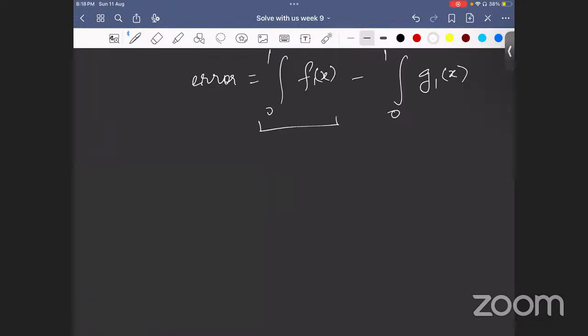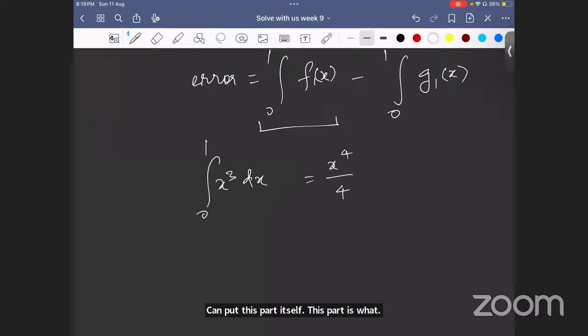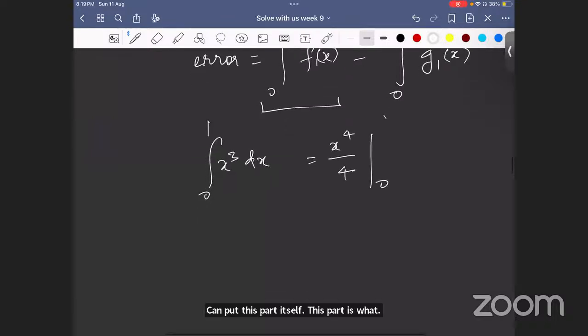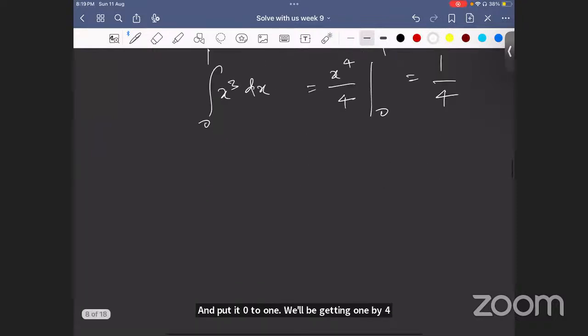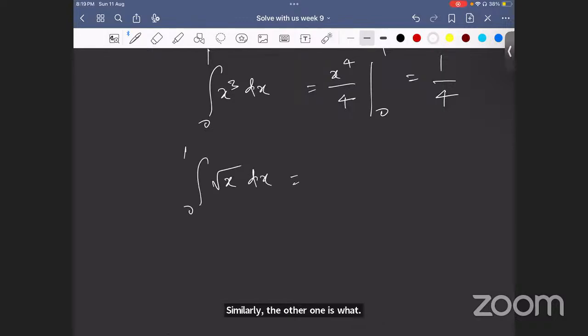So if you calculate this part itself, this part is what? It's pretty simple. I'll put it 0 to 1, you'll be getting 1/4. Similarly, the other one is what? So this is what? X to the power 3 by 2, divided by 3 by 2, correct.